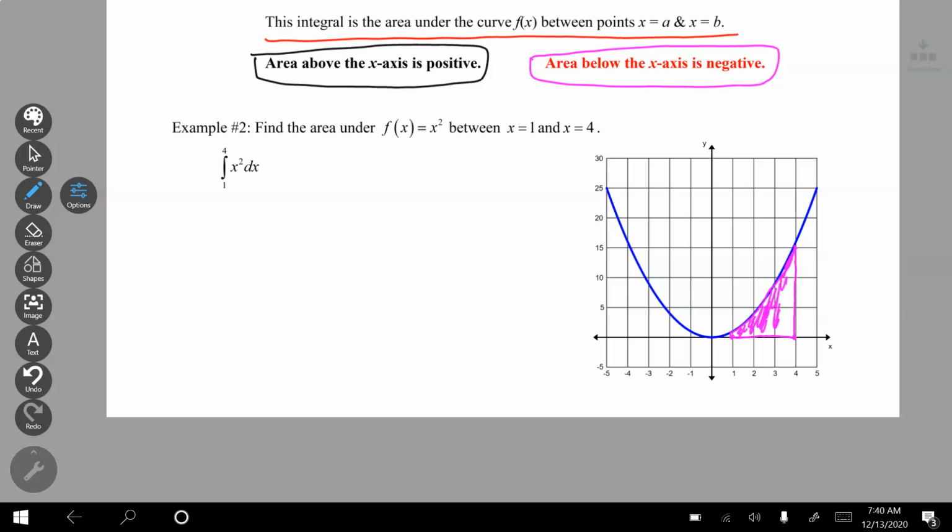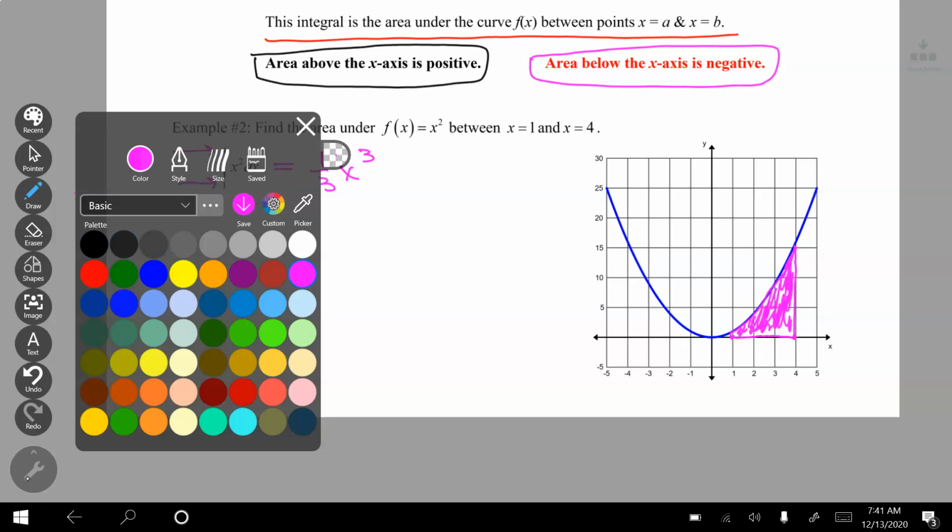So I'm going to have to use my calculus skills that we just learned about how we do antiderivatives to find area. Well, the antiderivative of this is going to be 1/3 x cubed, and I don't do a plus c any longer. I only do a plus c when I don't have limits, but as soon as I put these numbers in, the 1 and the 4, that means I have a definite integral, no more plus c.